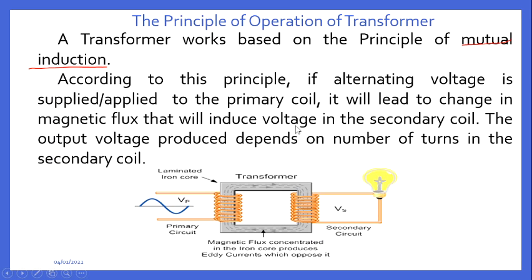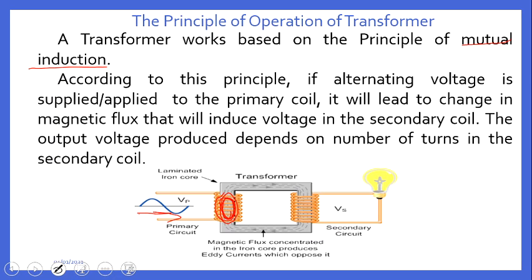I summarize it here as what I said. According to this principle, if an alternating voltage is applied to the primary coil, as you can see from this side, it will lead to a change in magnetic flux. What I mean is that a voltage comes in like this, and that voltage makes current present at the primary coil, and the current at the primary coil generates magnetic flux.